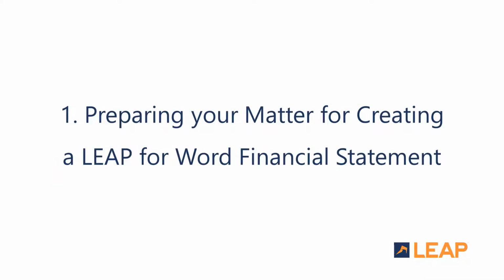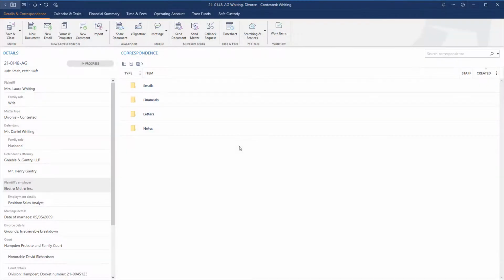Before creating our financial statement, we first want to make sure that our matter is properly filled out with all the relevant party and case details needed for fully populating the form. Since in this case we're demonstrating with a Massachusetts contested divorce, we'll want to make sure we input the following details. First, our client.